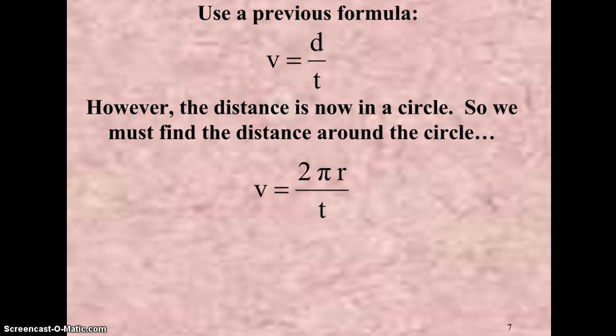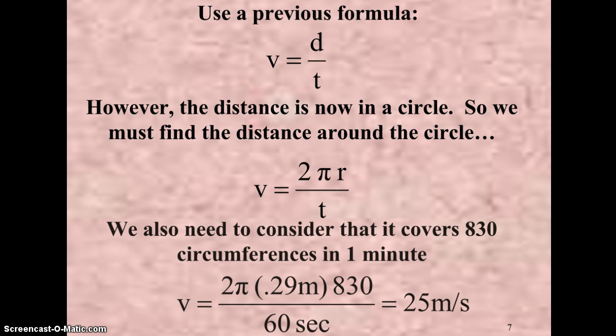The distance is the circumference around the circle, which we know is equal to 2 pi r. So we replace distance with 2 pi r and we get the equation, velocity is equal to 2 pi r divided by the time. You plug in your numbers, and the answer is the outer edge of the tire is traveling at 25 meters per second.